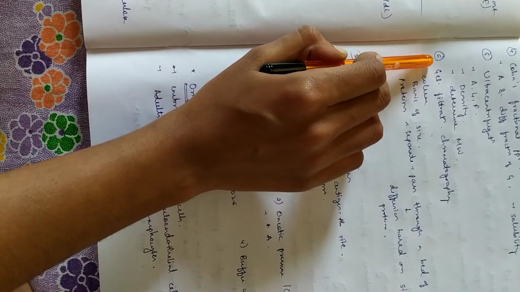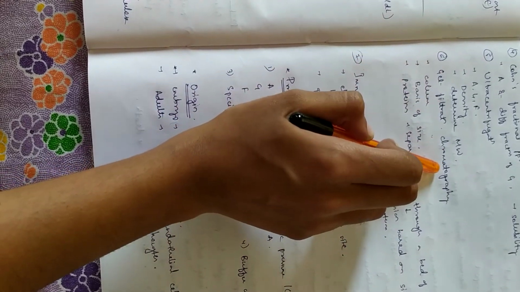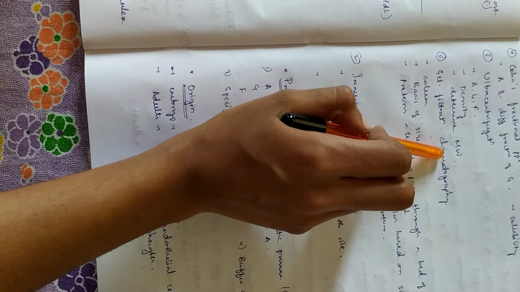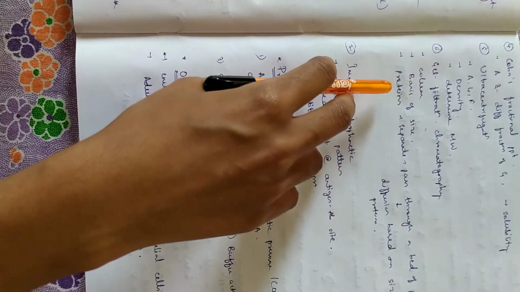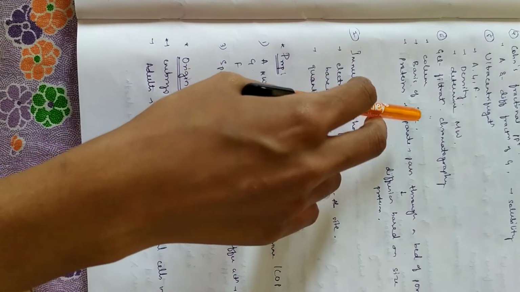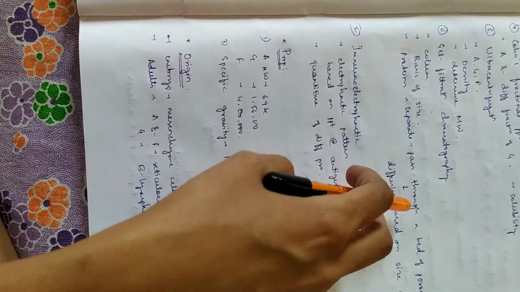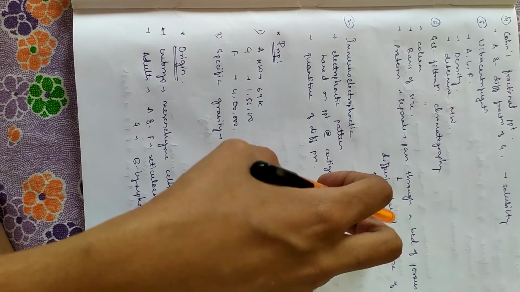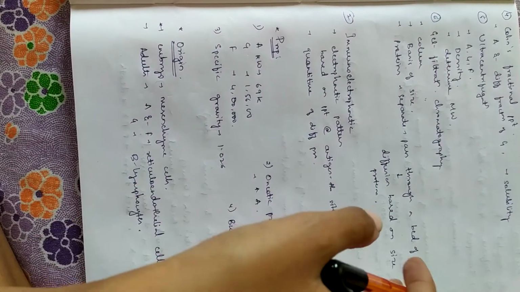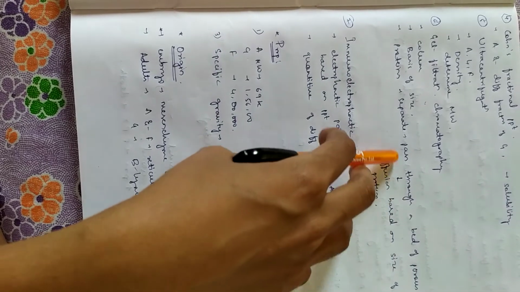The sixth method is gel filtration chromatography. It is column chromatography method. It is based on its size. Here, proteins can be separated when it passes through a bed of porous beads. The proteins can pass through the porous beads and its diffusion rate differs.